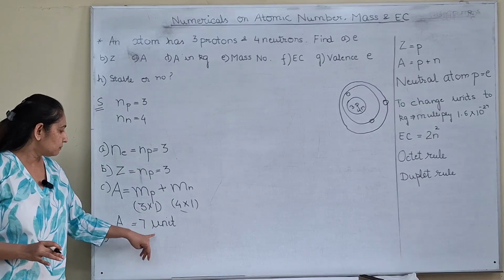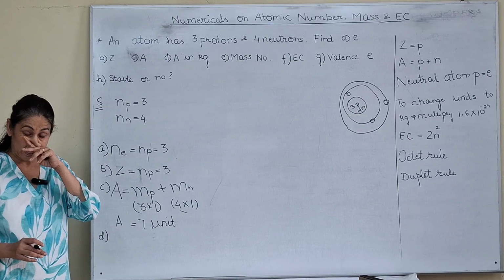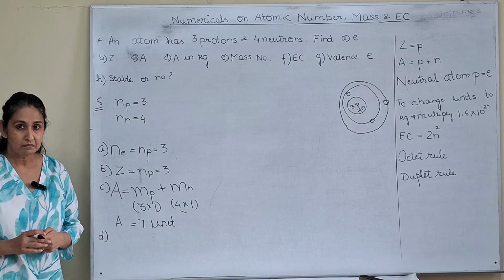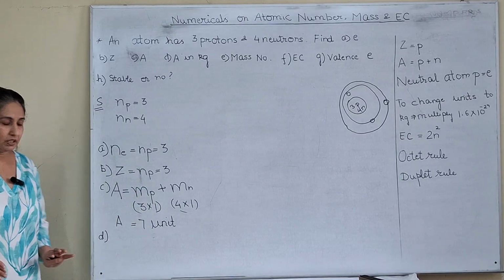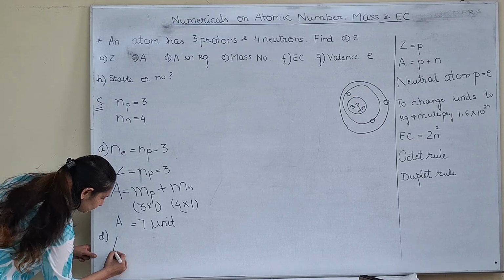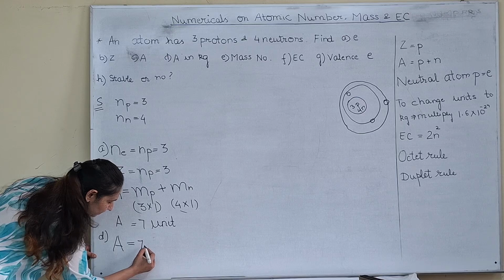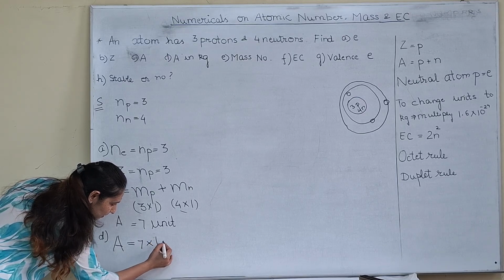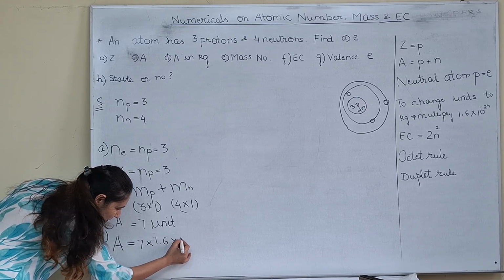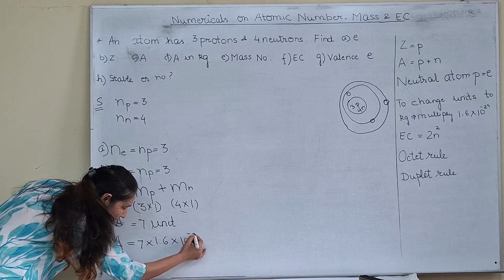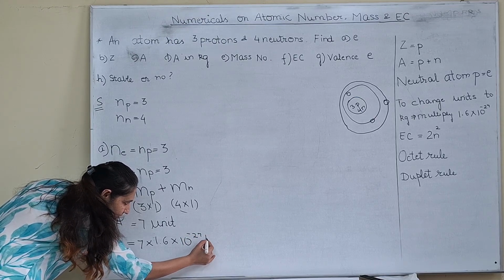We'll multiply this by 1.6 into 10⁻²⁷ and this will change into kgs. So atomic mass in kgs will be equal to 7 units. And now it is in kg.